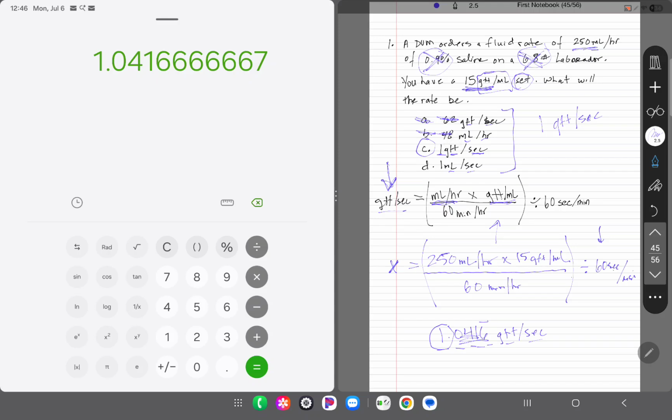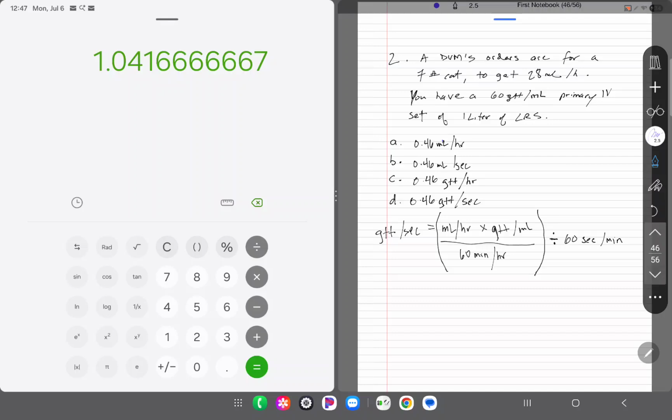So let's look at the last one. It also has 1. And I got a 1. But it says mils per second. The unit we have is not mil per second. It's drops per second. So that is not the answer. Great. 1 drip per second. We got it. That's where you go with these questions. Okay, let's try another one.